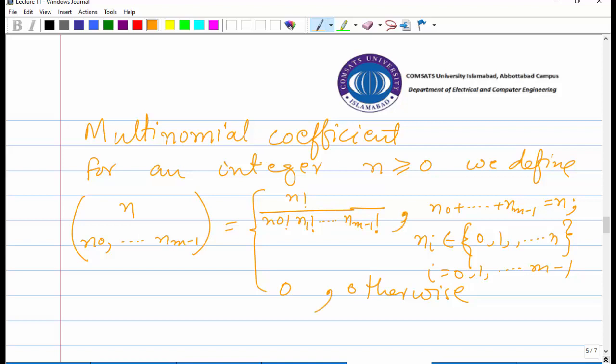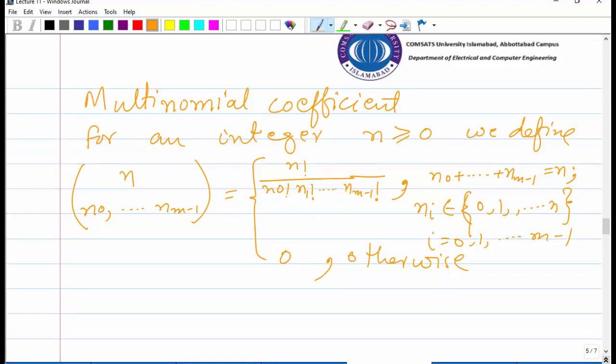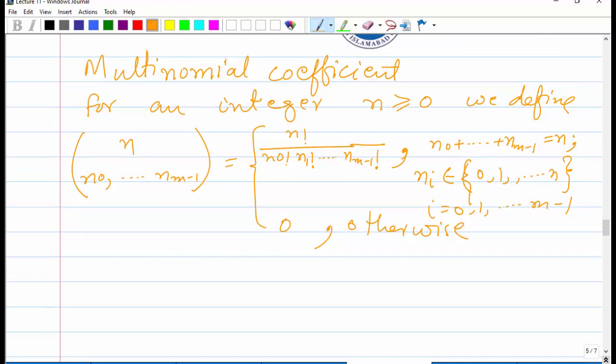So 0 otherwise means that other than these values we cannot calculate these numbers. So that's what we have explained in the previous lecture.